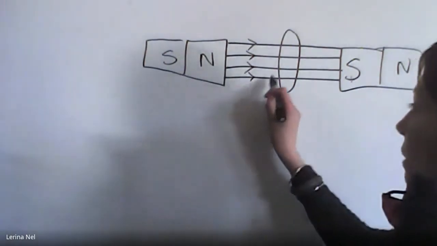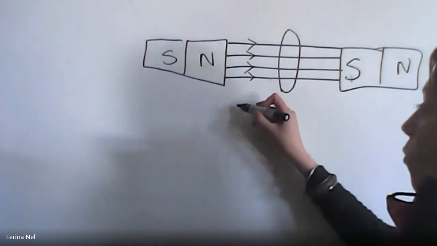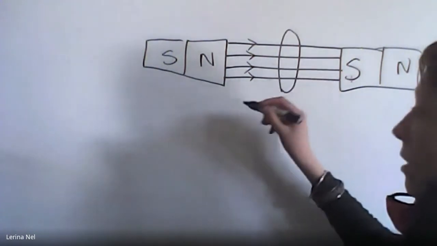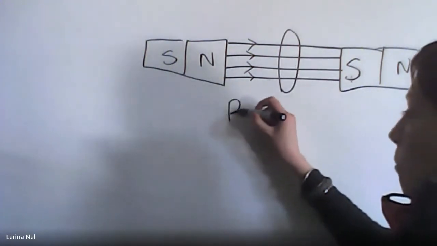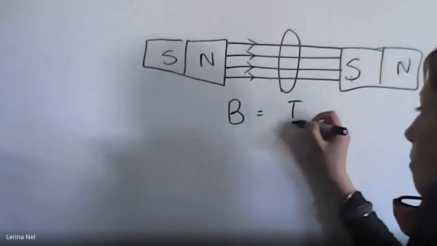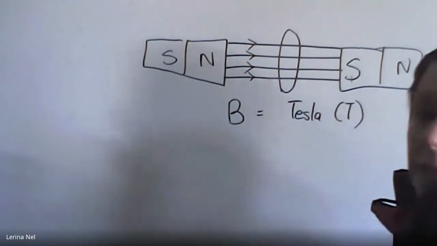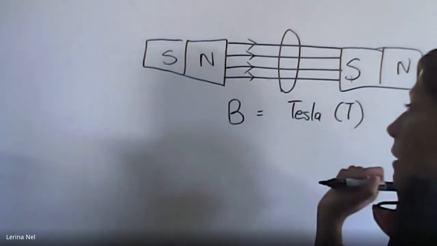So the magnetic field line strength or magnetic flux density is indicated by the letter B. We measure it in Tesla. This is the symbol B, measured in Tesla. Okay. So how strong the magnetic field is.